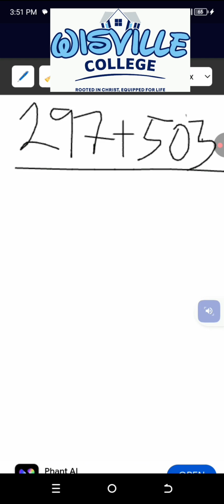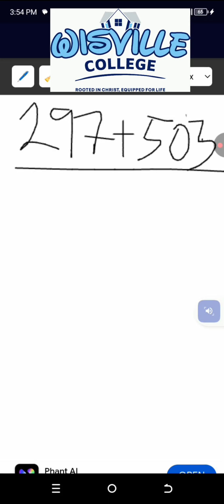The first step in solving estimation problem states what? Identify the numbers to be estimated. We've identified the numbers to be estimated to be what? 297 plus what? 503. After which, what are you supposed to do next? The next step says what? Round the given numbers. What are the given numbers? 297 and what? 503. So let's round the number.